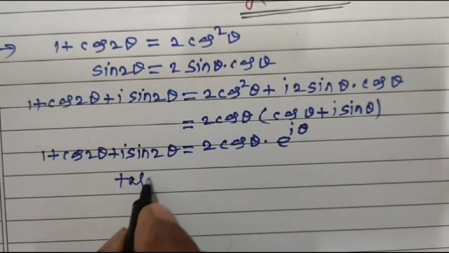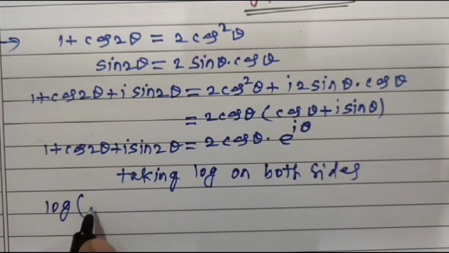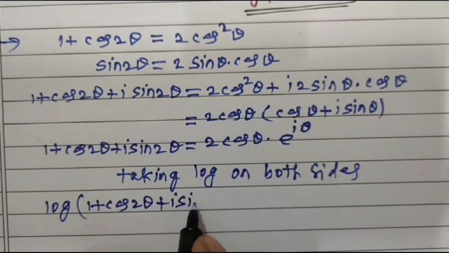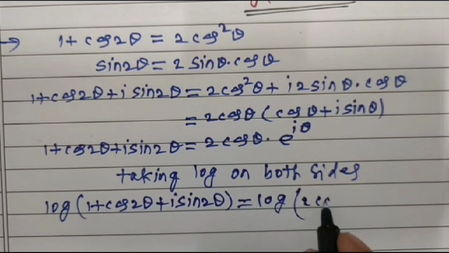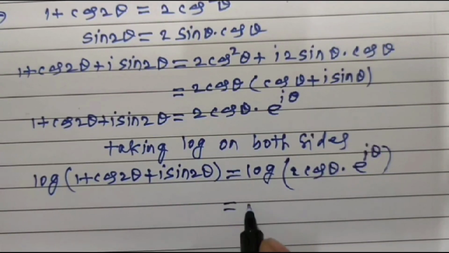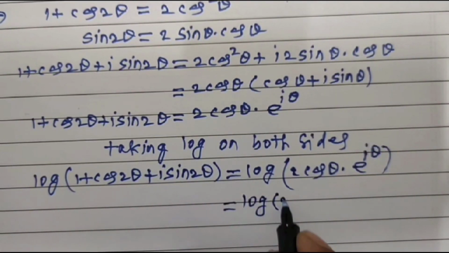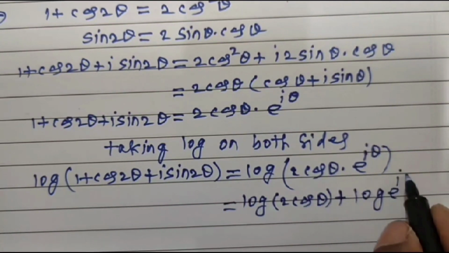Now taking log on both sides. Log of 1 plus cos 2 theta plus i sin 2 theta is equal to logarithm of 2 cos theta into e to the power i theta. So this is equal to logarithm of 2 cos theta plus logarithm of e to the power i theta.